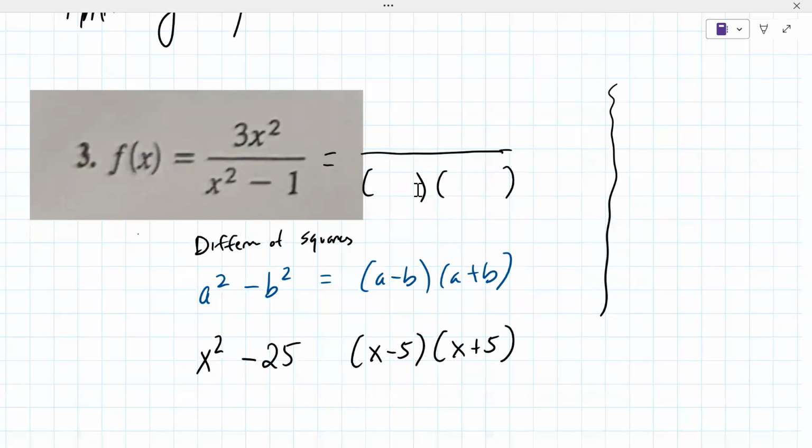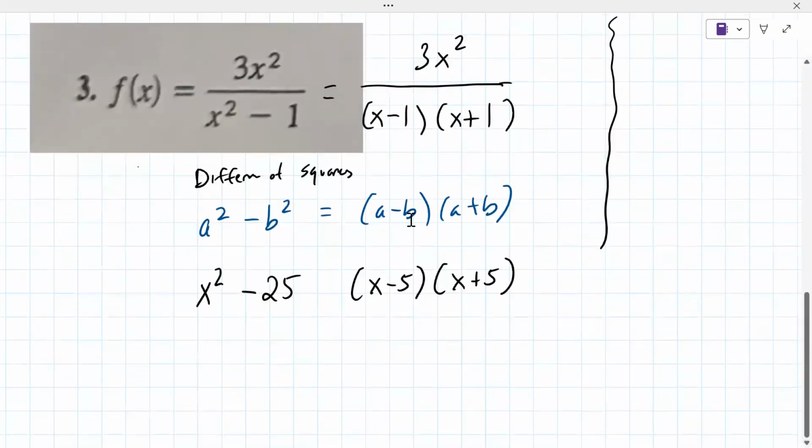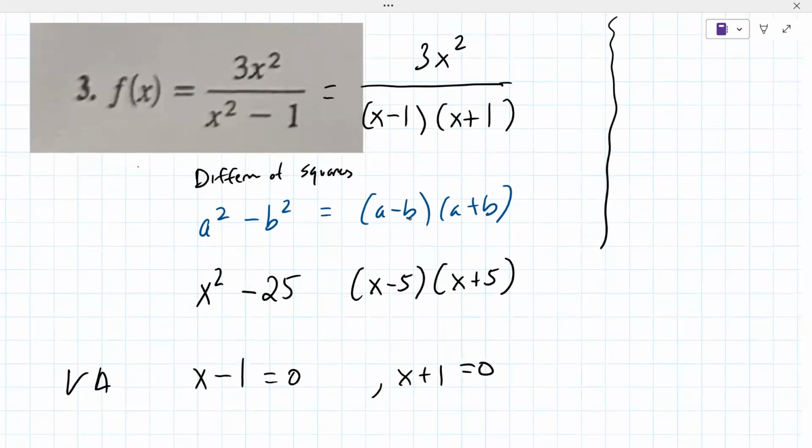It's going to be x minus 1. Okay, what else? And the other one is x plus 1. Very good. All right, now we're going to set the bottom equal to 0 for the vertical asymptote. So we have x minus 1 equal to 0 and x plus 1 equal to 0.